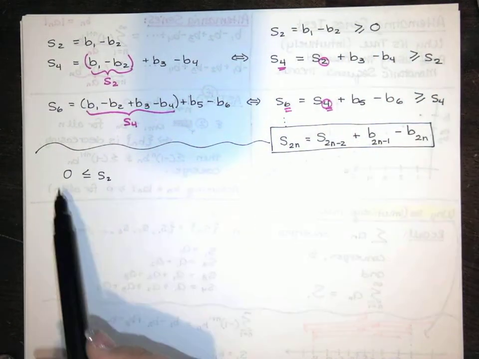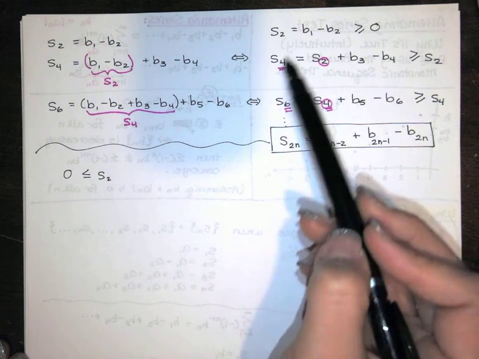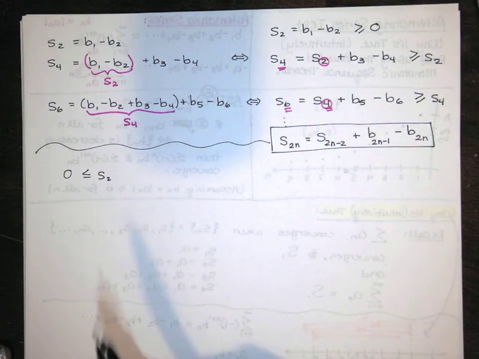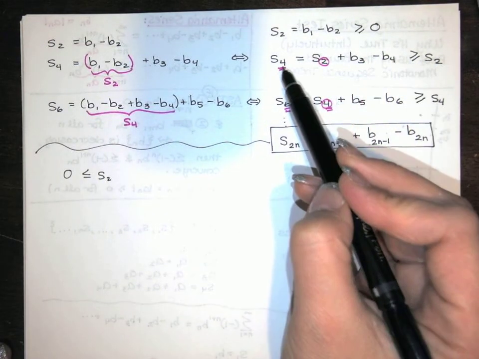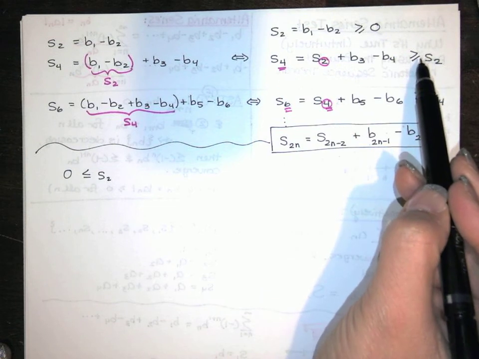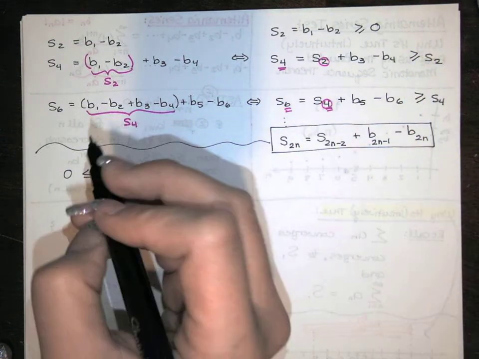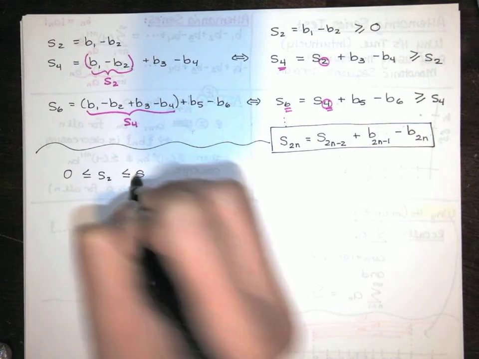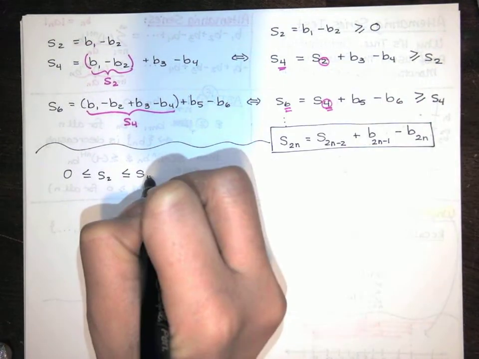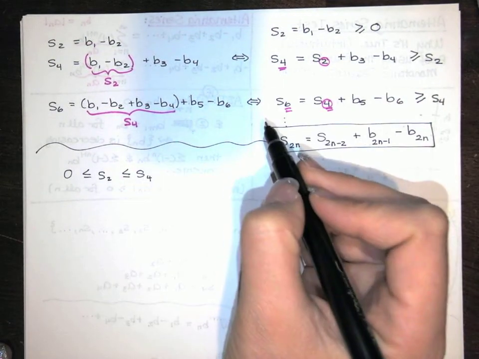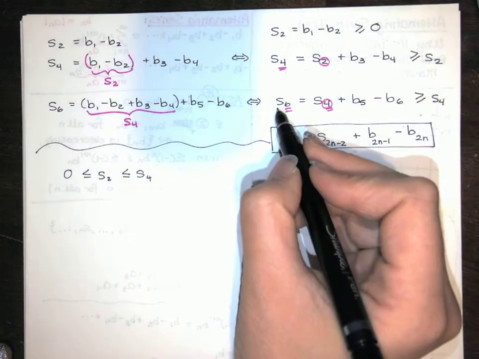So s sub 2 is positive or possibly 0 in the case that those are exactly the same. And we just found that s sub 4 was greater than or equal to s sub 2, or s sub 2 is less than s sub 4 if you prefer. And here we've got s sub 4 is less than s sub 6.